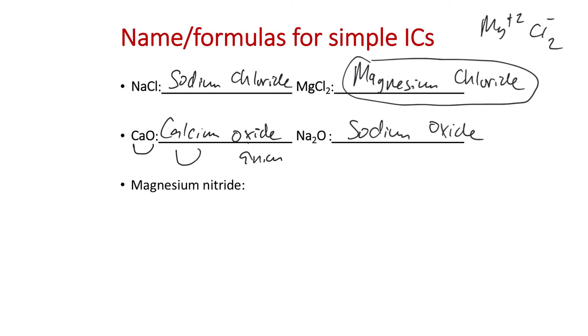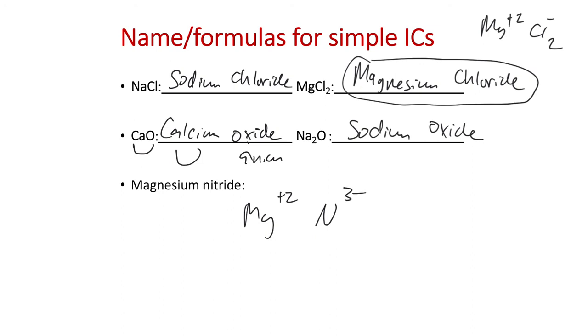So what about magnesium nitride? What do we think the formula is for magnesium nitride? So what's the charge of magnesium? +2. And nitride, the simple ion of nitrogen, would be 3-.